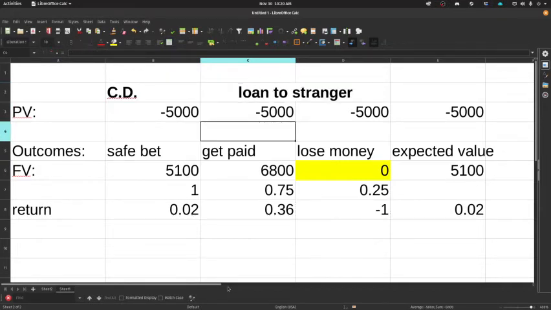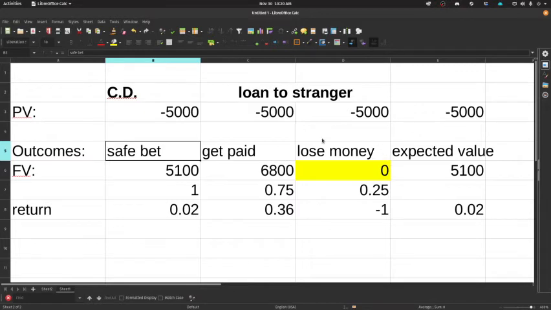And you need to make sure that this loan does about as good as the safe bet. You want to be making more, but you don't want to be making so much more that this stranger goes to the bank across the street. So let's just look for equivalence, right? So where is this loan to the stranger equivalent to the safe bet? And let's just assume that as the bank, you can also get something like this 2% return.